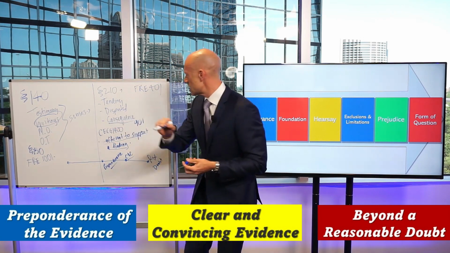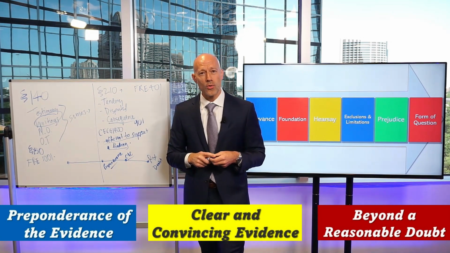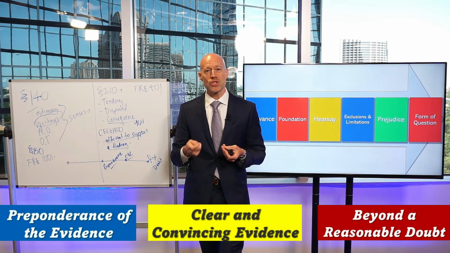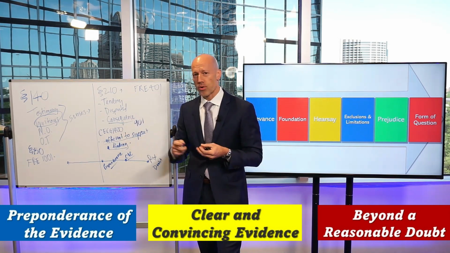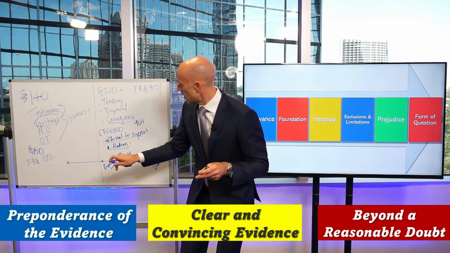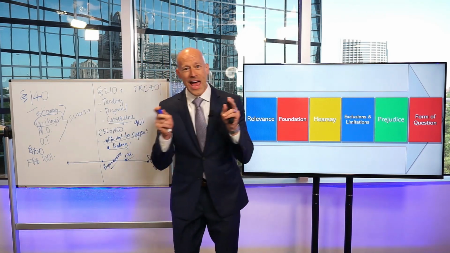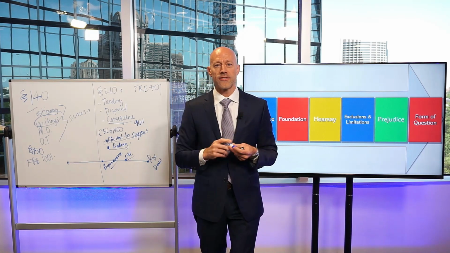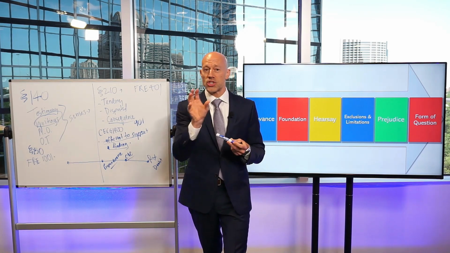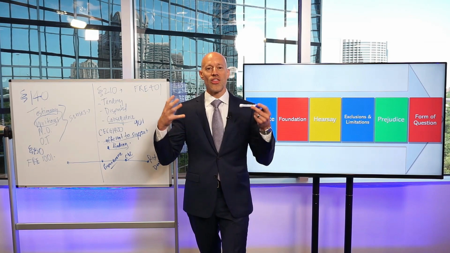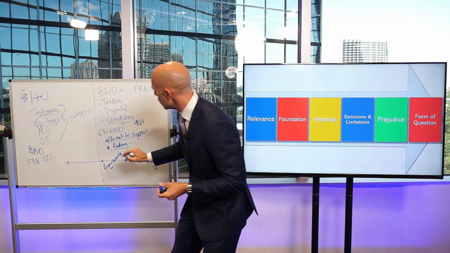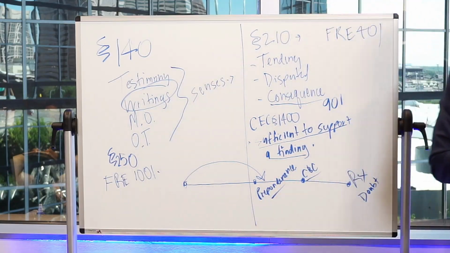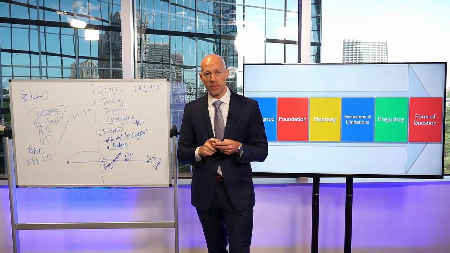So, what does this mean when we, as the proponent of a writing or the proponent of a document, have to introduce evidence sufficient to support a finding? It's none of these things. What we have to show the judge is that we are providing enough information, enough evidence that the trier of fact, in other words, the jury, may conclude by a preponderance of the evidence that the document is what we claim it to be.